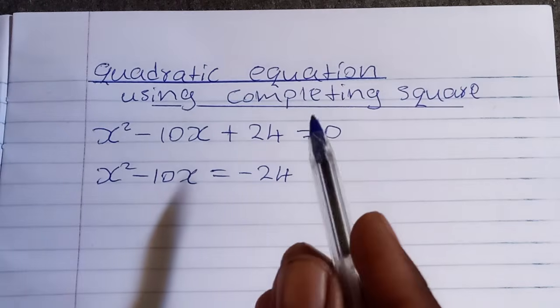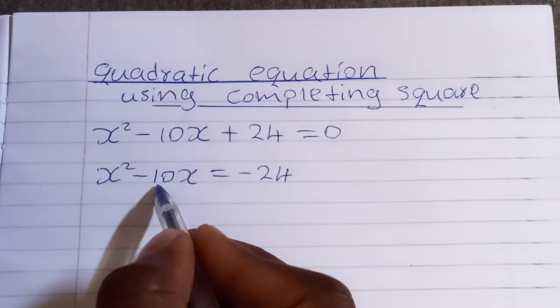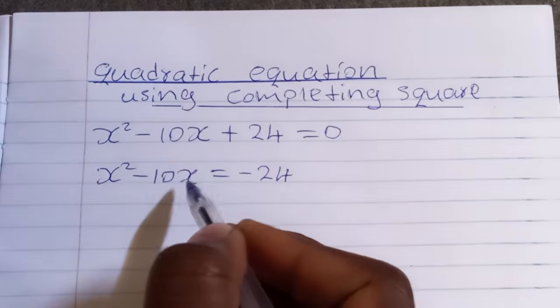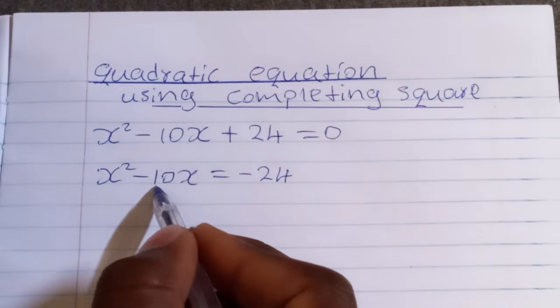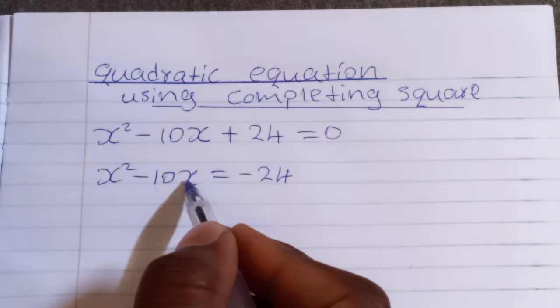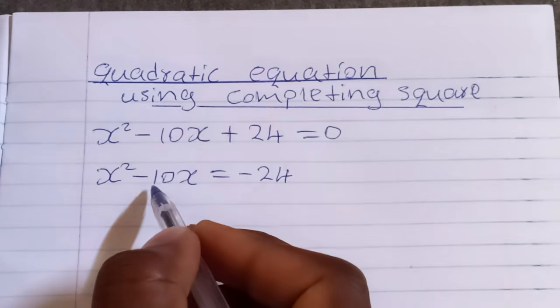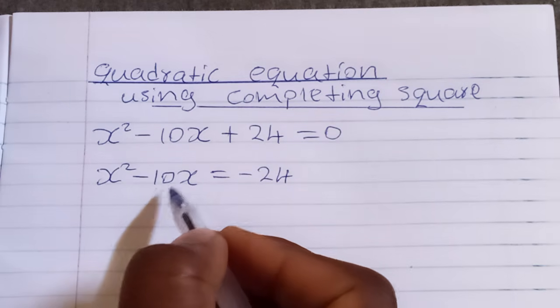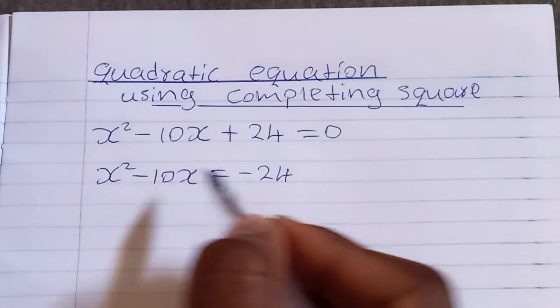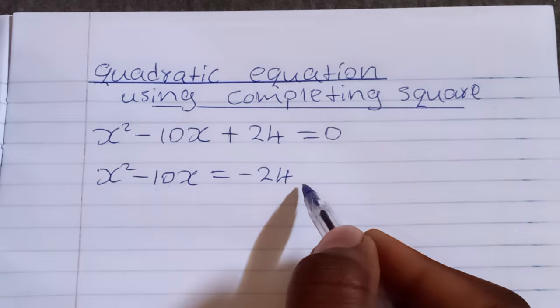That's all. The next step is to get half of this and square it. Get half of this, forget about this x. Ignore this x. Get half of negative 10. Then you square it. Then you apply it to the other side again.